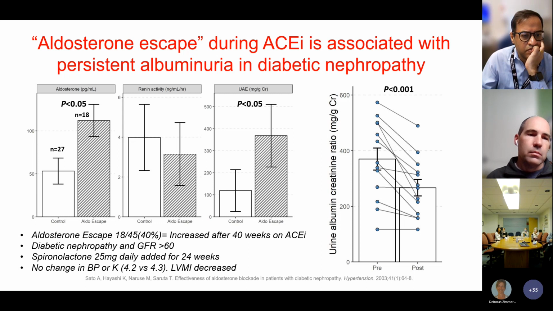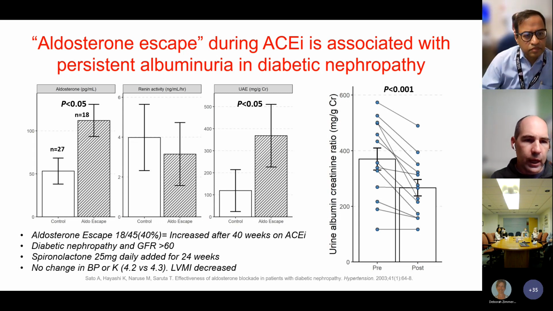They looked at people who had aldosterone escape, or increase above what it was at baseline, even though you started an ACE inhibitor. So this is not what I really prefer to call aldosterone escape, but they're talking about those people who had high serum aldosterone despite the use of an ACE inhibitor.